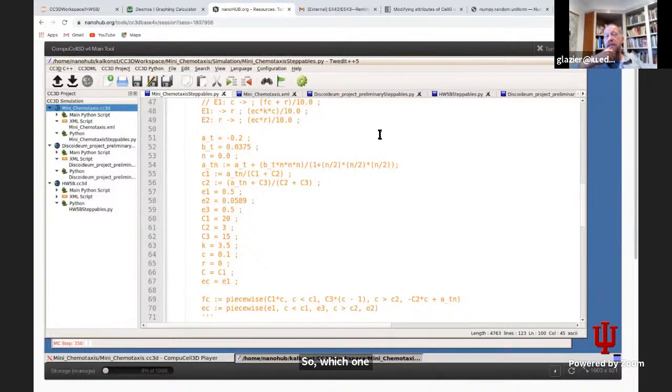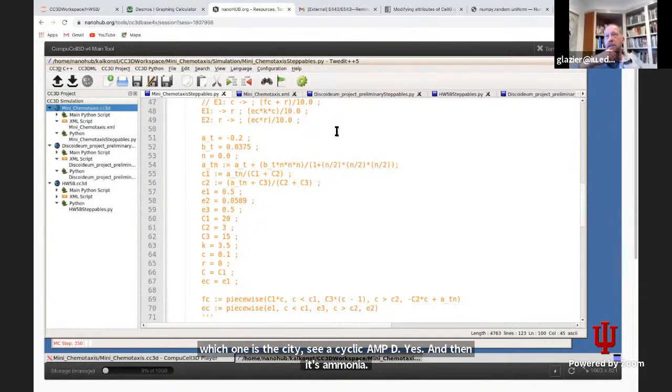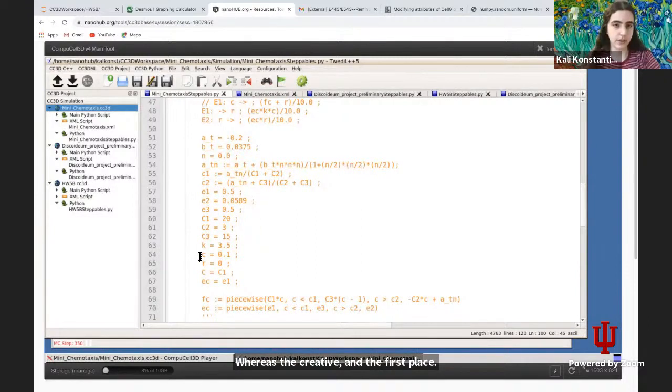So C is cyclic AMP? Yes. And then N is ammonia. So you have C decays. Where is C created in the first place? C isn't created in this iteration of the string.